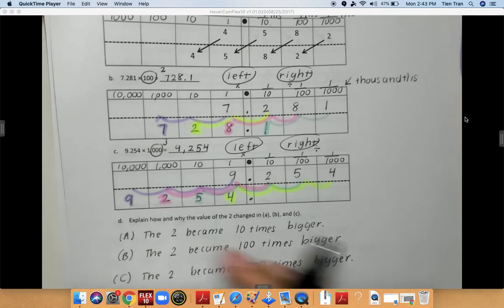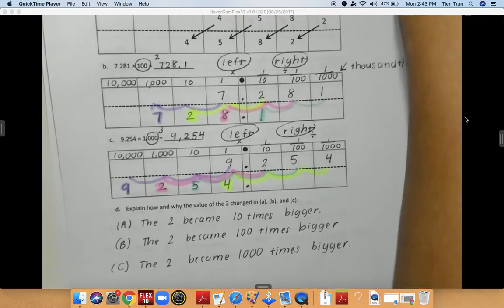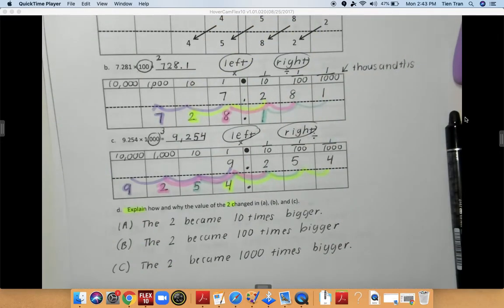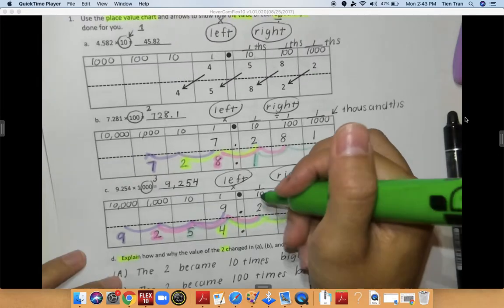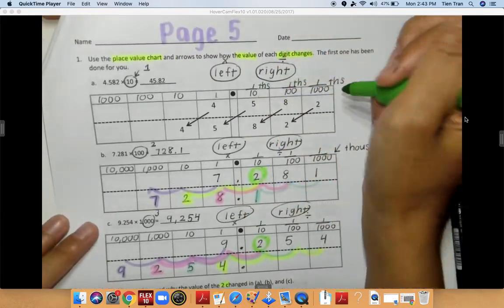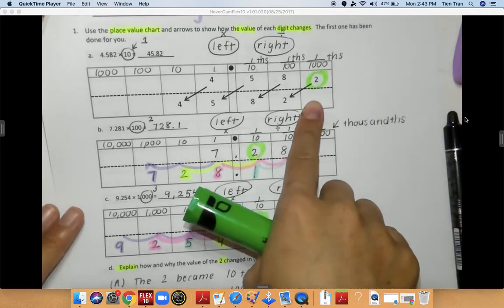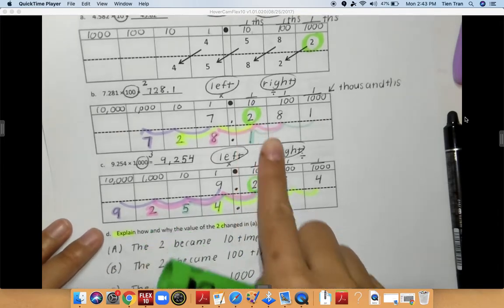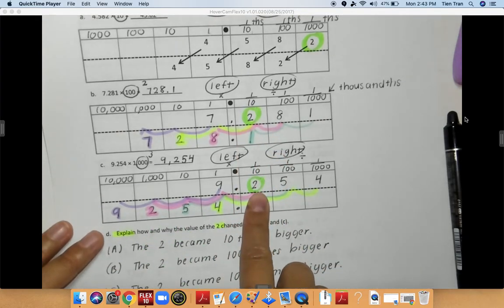Now for problem D, it asks you to explain how and why the value of 2 changes in A, B, and C. So they're asking me to look at the value of 2. So we have 2 right here, we have 2 right here, and we have 2 right here. You notice that this one is in the thousands place, this one is in the 1/10th place, this one is in the 1/10th place as well.